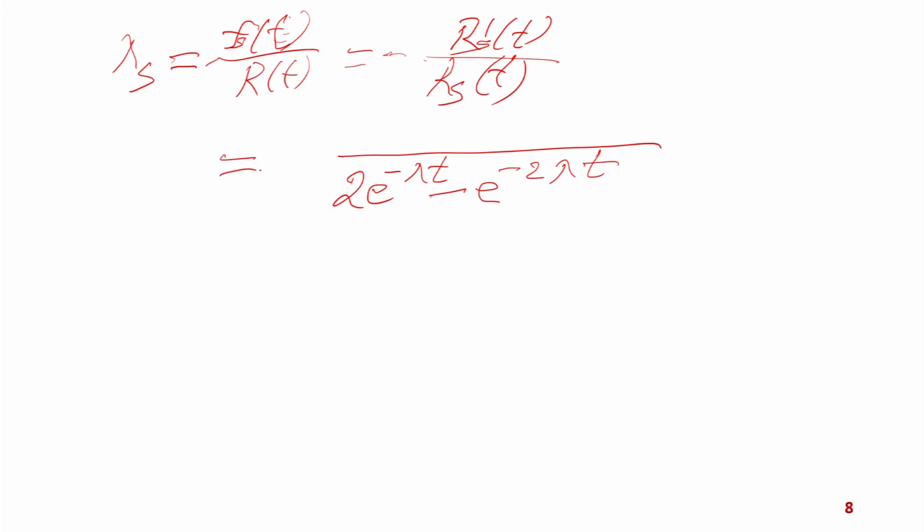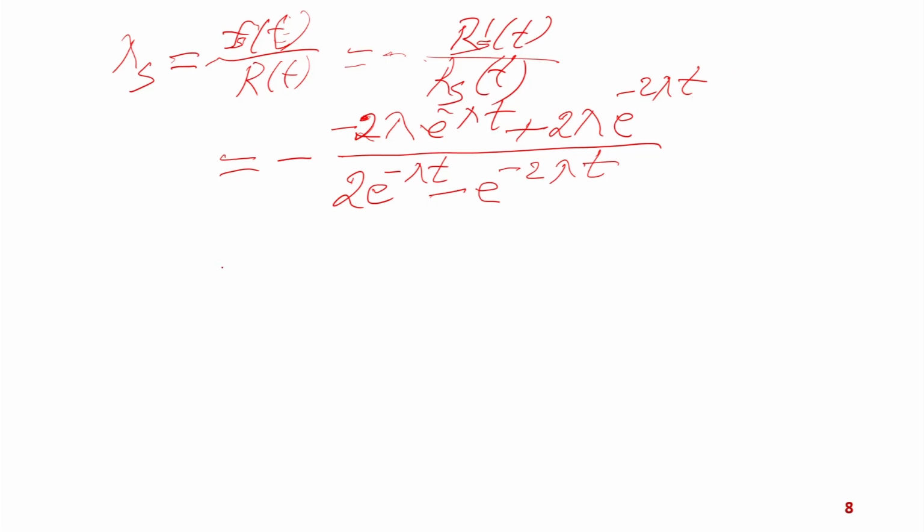So this is equal to minus 2 lambda e to the power minus lambda t, then plus, because both the minus and minus become plus, 2 lambda e to the power minus twice lambda t.